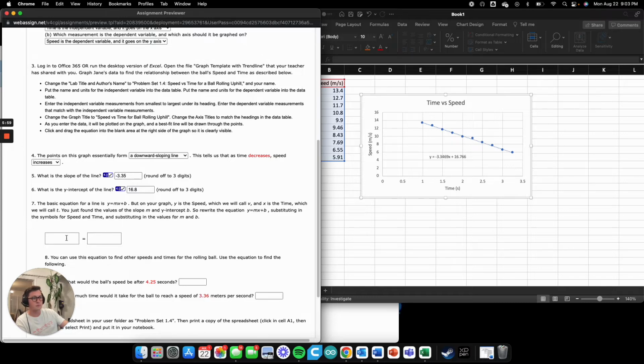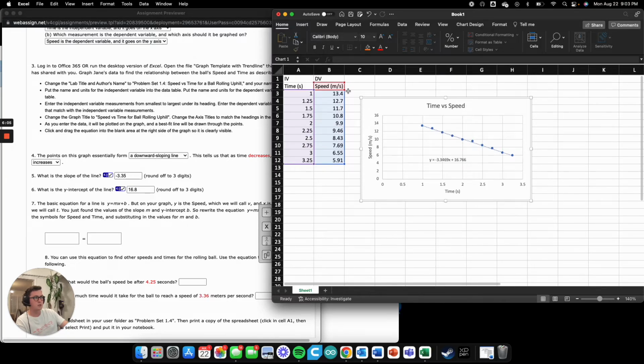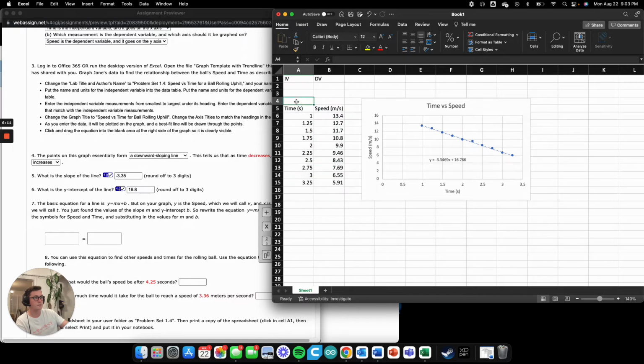Okay, so basically we're replacing the y and x with the representative variables. In this case, I'm going to move this down just to explain this a little bit better. So we know that the independent variable is the x-axis and the dependent variable is the y-axis. So we can see those represented in this formula.